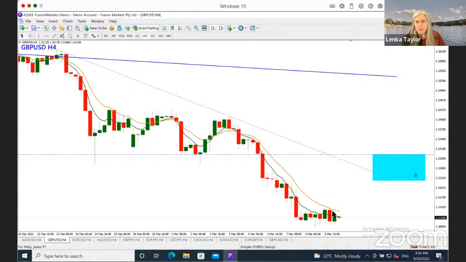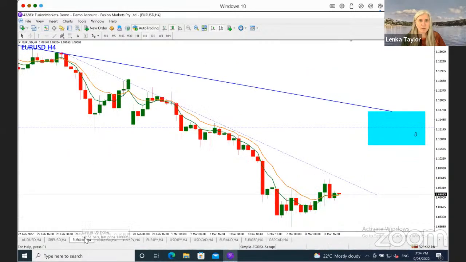If it turns back and does a bit of a pullback, then I would be looking to re-enter short again. Depending on what happens around here, we might not get a pullback. We might get continuation. We'll just see, but I would prefer a pullback first and then looking for short opportunities again on this currency pair.